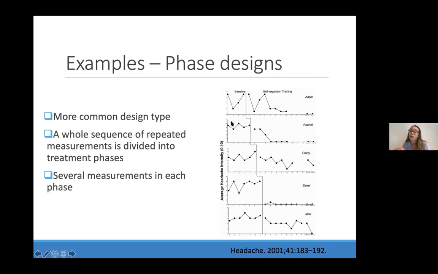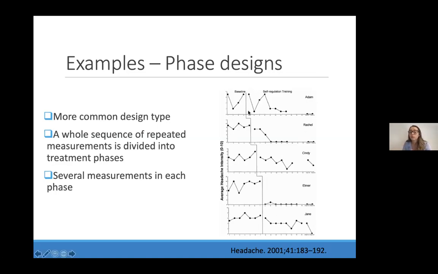What they were randomized here was the change from one phase to the other phase. So I had here phase A, that would be control treatment, and phase B, that would be my treatment for headache, right? And what I randomized here is when a patient would come from one phase to the other.